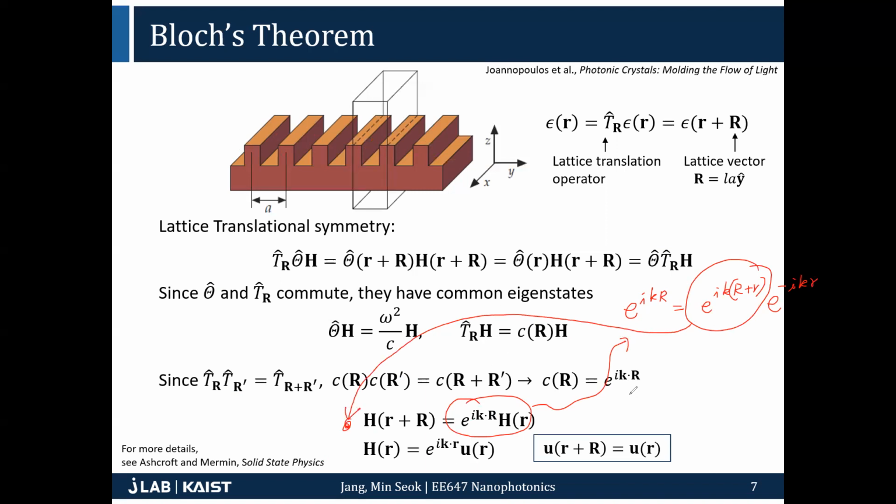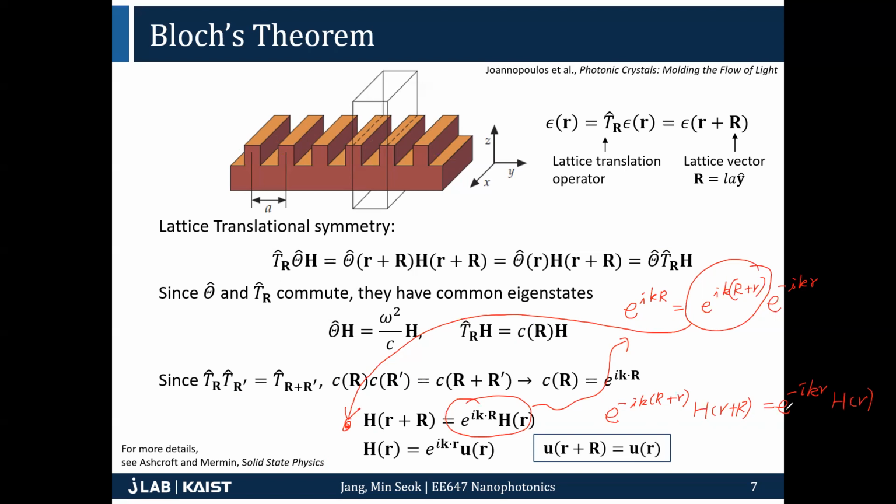Then what happens is e to the minus i k (r plus R), h(r plus R), is equal to e to the minus i k small r, h(r), right?